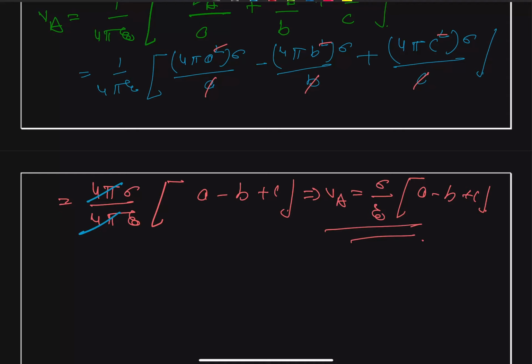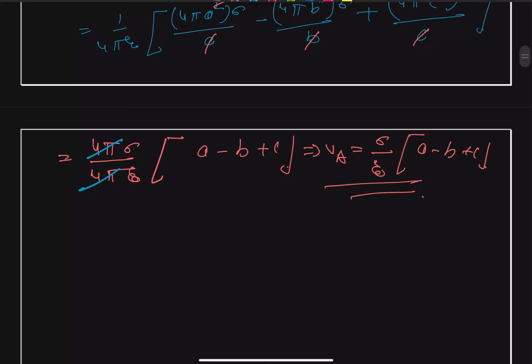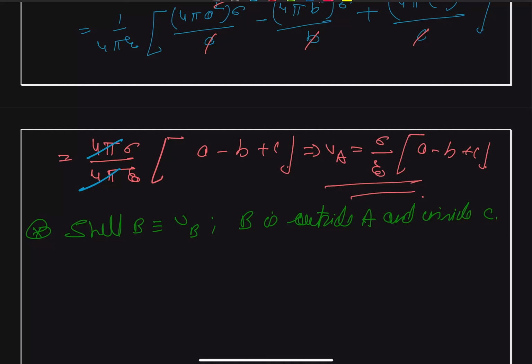Now we come to the potential of shell B. For shell B, let us call that VB, and we have to remember that B is outside A but inside C. So we can say B is outside A and inside C. Therefore, we can write that our VB will be equal to 1 upon 4 pi epsilon naught.